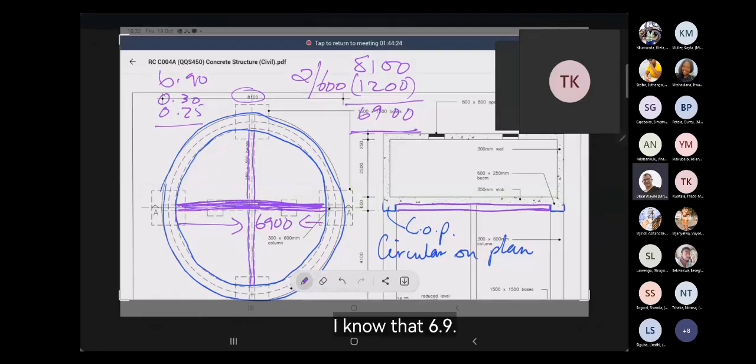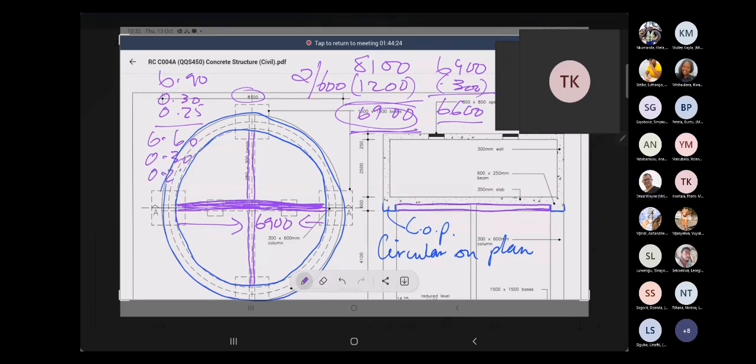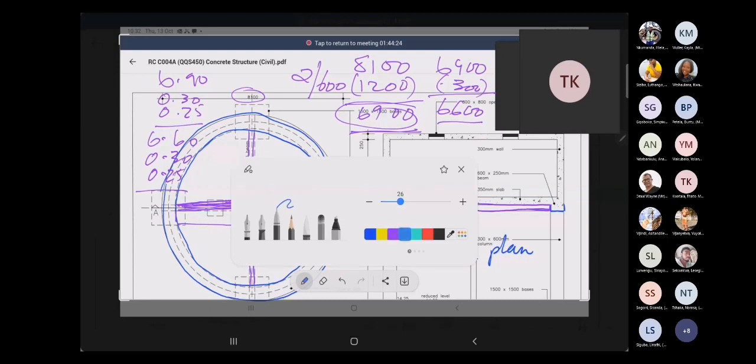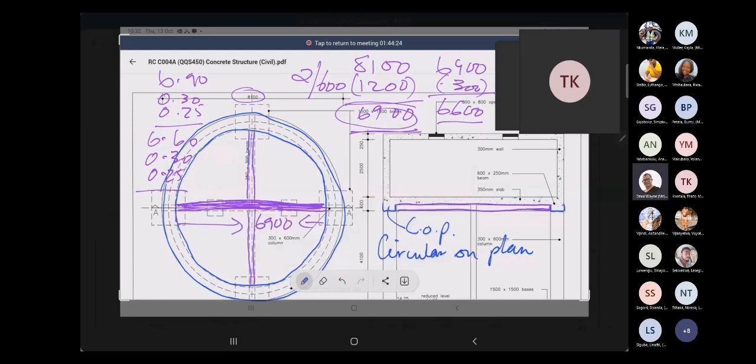Okay, I know that that's 6.9. Now to go further, I say 6,900, and we have 6.6 by 0.3 by 0.25.